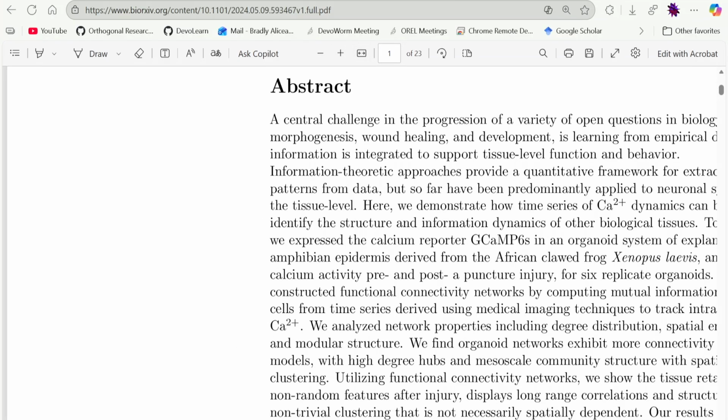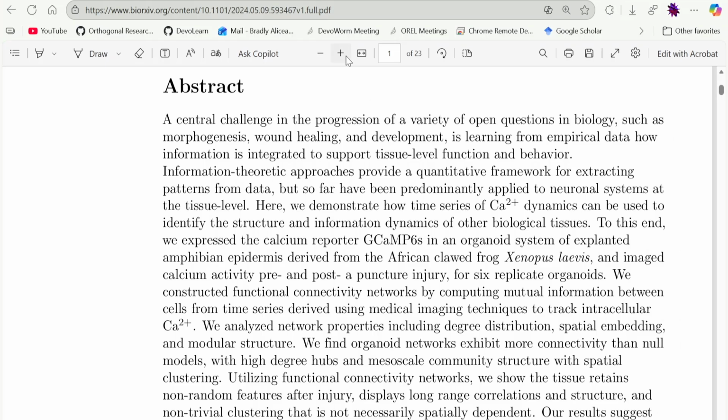So it says a central challenge in the progression of a variety of open questions in biology, such as morphogenesis, wound healing, and development, is learning from empirical data how information is integrated to support tissue level function and behavior. So you have cells or something below the tissue level of organization.